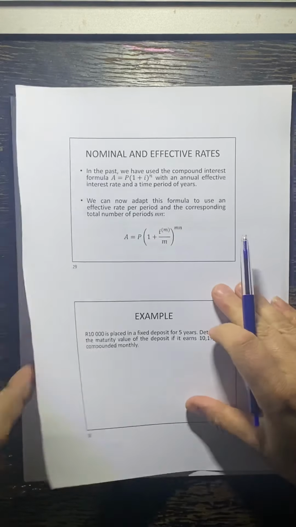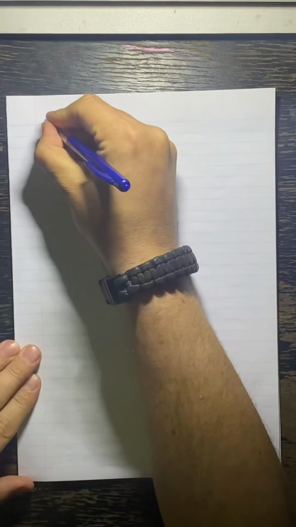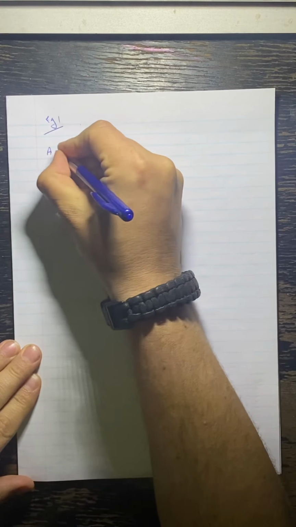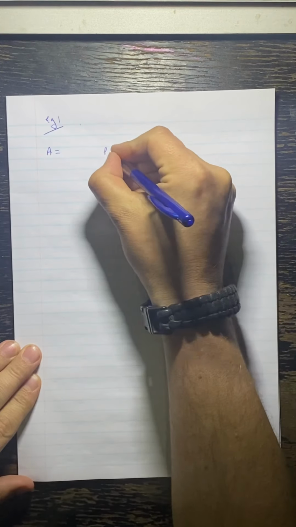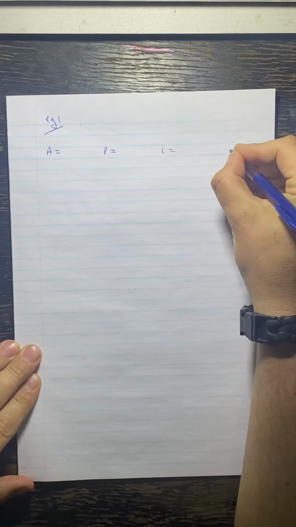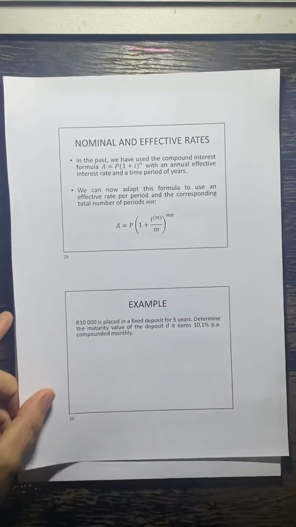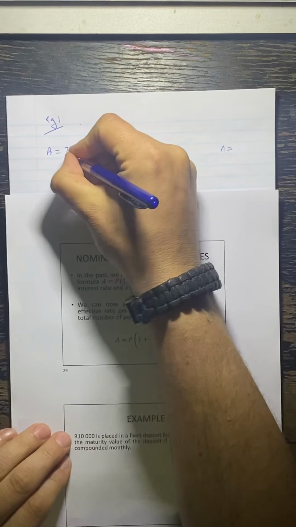Right, so example 1. So we have A equals, P equals, i equals, n equals. So what they want to know with this question is what's the value of this thing at maturity. So the accumulated amount, we don't know.